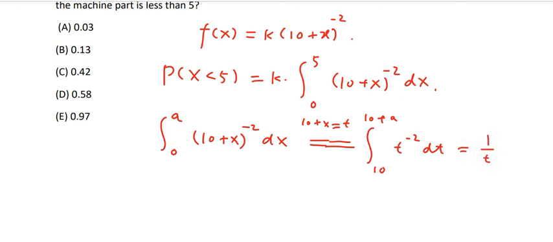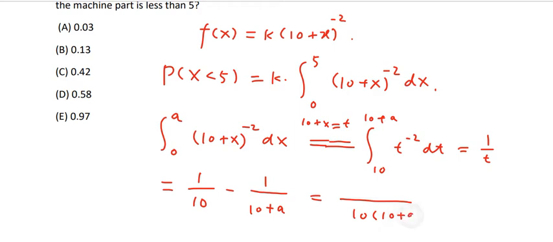So this equals 1 over 10 minus 1 over 10 plus a. Okay, so maybe we can put it together: a over 10 times 10 plus a. So here is a, right?